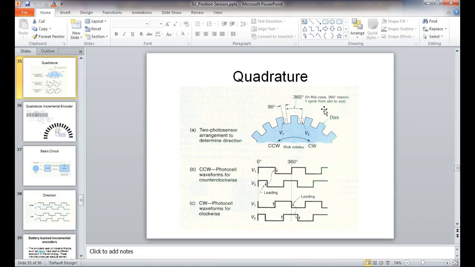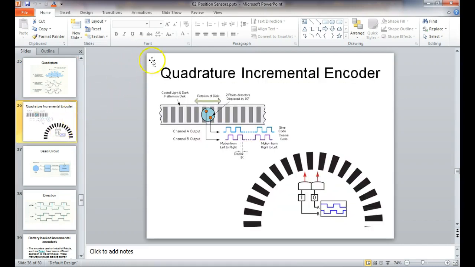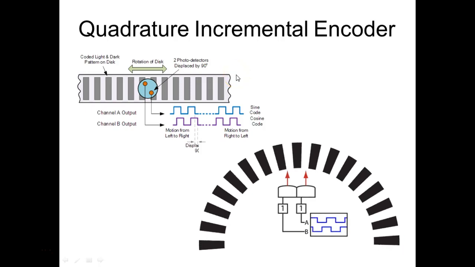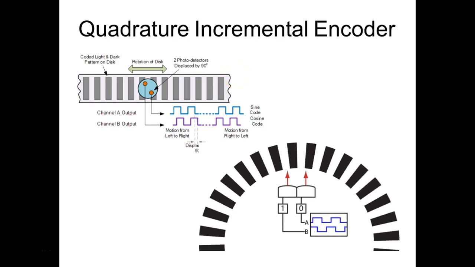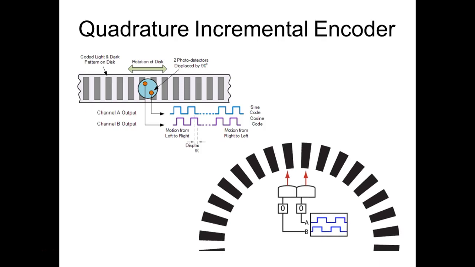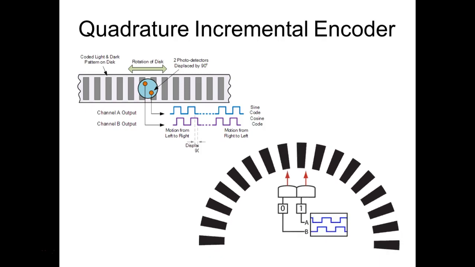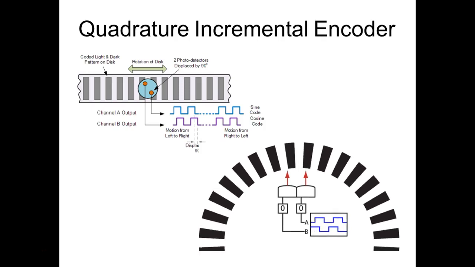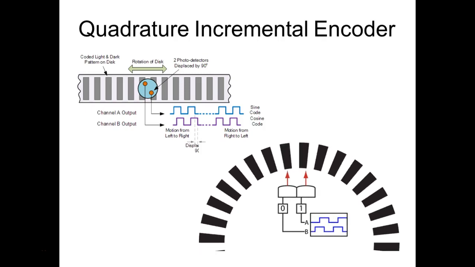Okay. So this animation, it's only turning in one direction, but this would be an example of a quadrature curve. Now here we're only turning counterclockwise, but if we turned it the other direction, then they would swap positions, right? Leading or lagging. Everybody understand that?